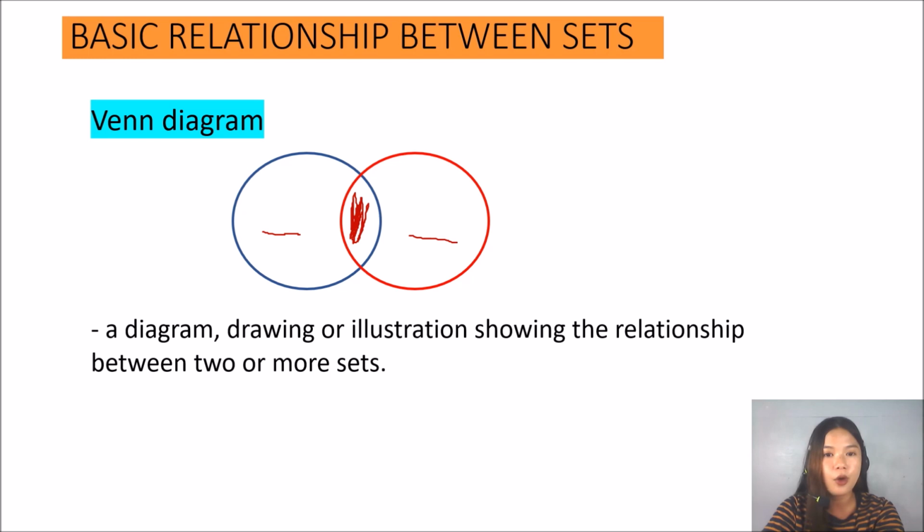At dito po yung parehas sa kanilang dalawa. Okay? So, a Venn diagram is a diagram, drawing, or illustration showing the relationship between two or more sets. So, gagamit po tayo ng Venn diagram to show the relationship between sets.